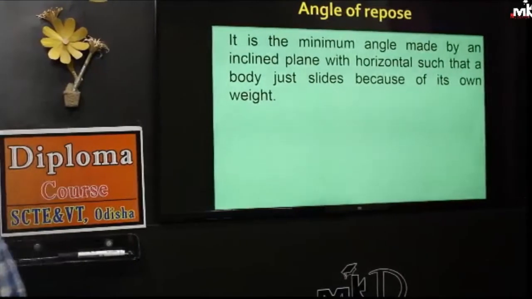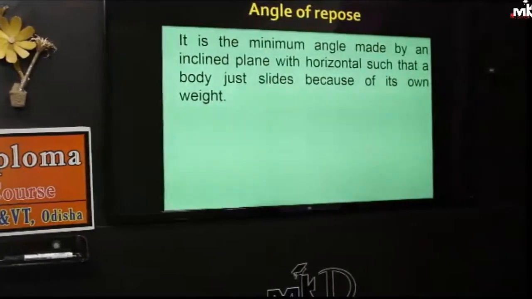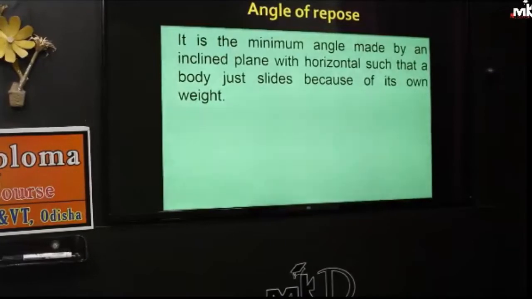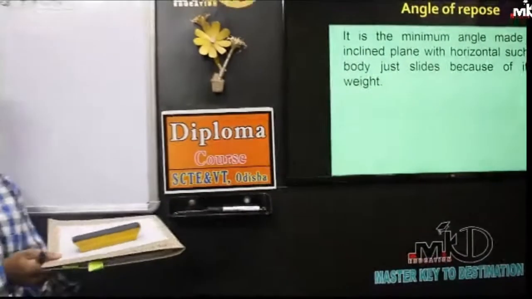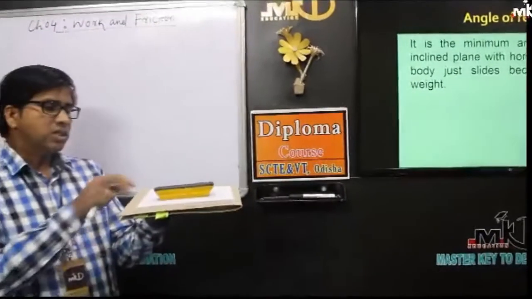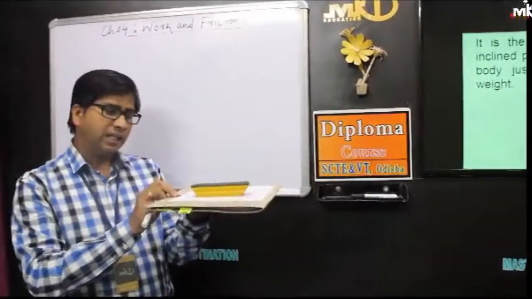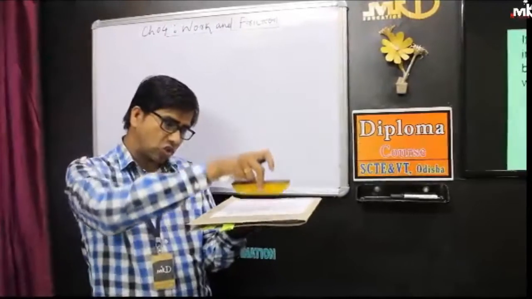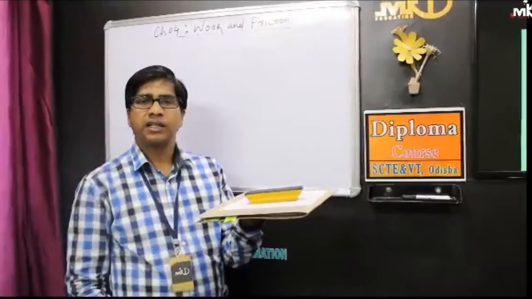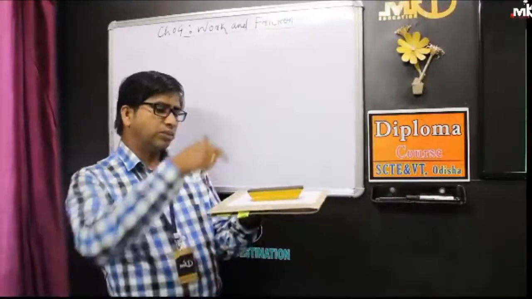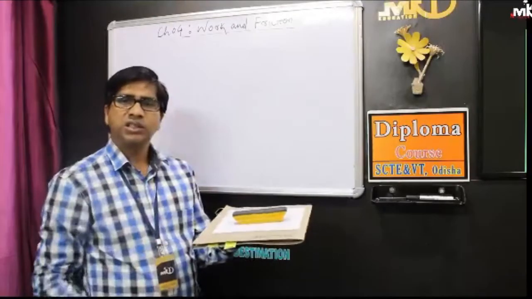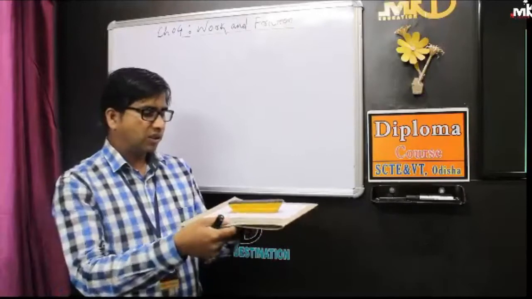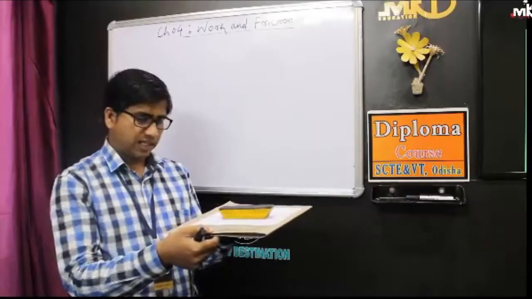Let us consider this object. Here this is a horizontal plane and I have kept this duster over this plane. The forces are the weight downward and the normal reaction upward. Now the body can be kept at rest.